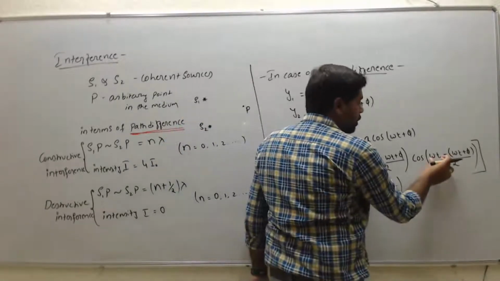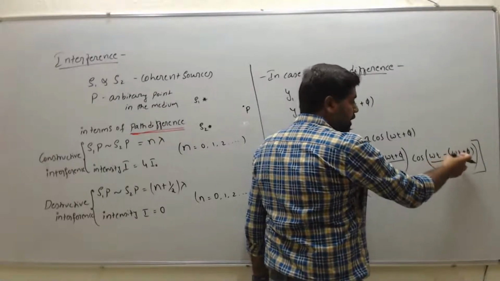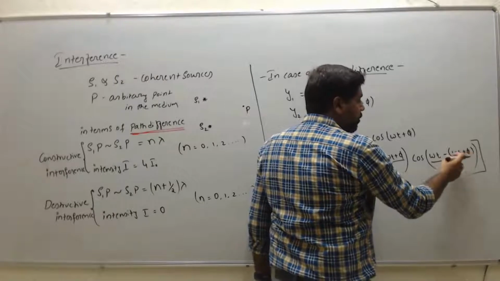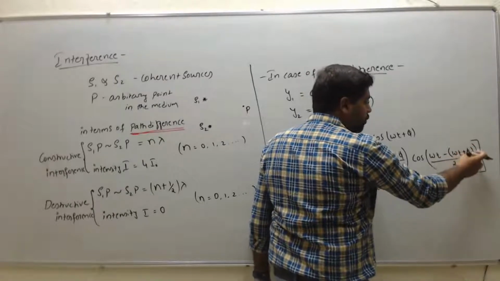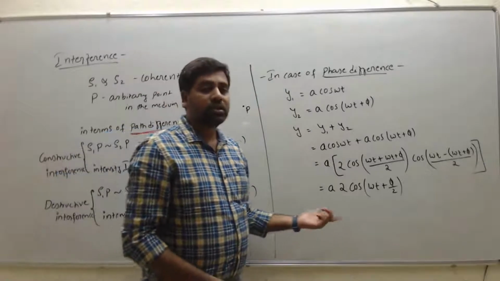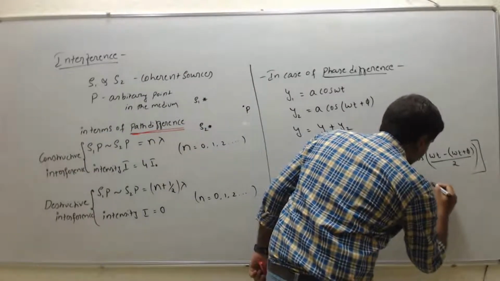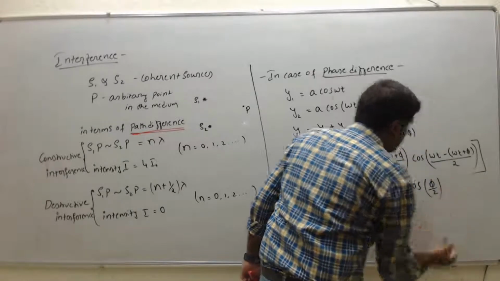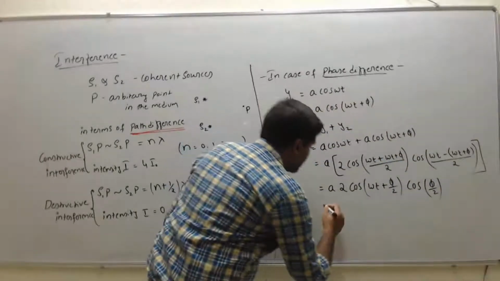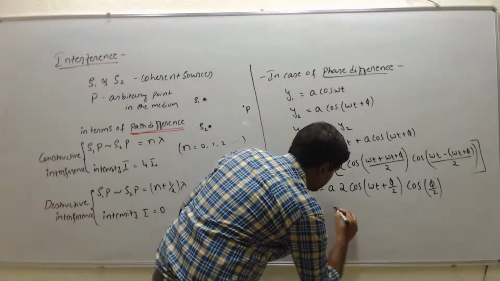So here omega t minus omega t gets cancelled, leaving cos of minus pi by 2, and cos of minus theta can be written as cos theta, so cos of pi by 2.